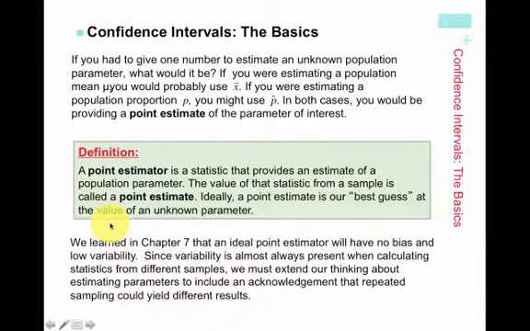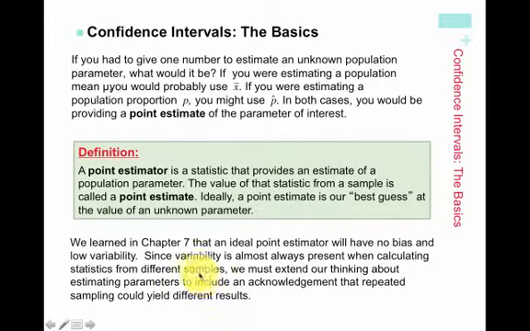From the previous section on sampling distributions, we know that the ideal point estimator will have no bias and a low variability. Variability will always be present, and we need to take our thinking about these estimates and acknowledge the fact that repeated sampling could yield different results.